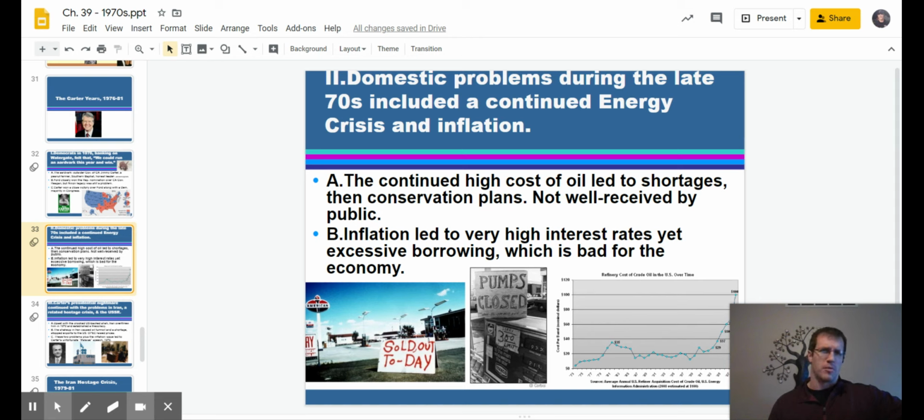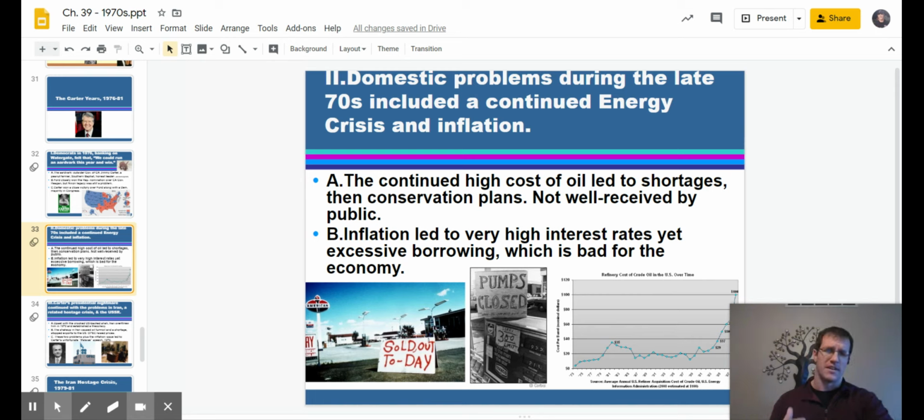Now, contributing to that, you have inflation, and that word inflation, we talked about at a couple of different points, and it continues to rear its ugly head here. There are very high interest rates. There's also excessive borrowing. To sum up, the economy is really a mess. And Carter doesn't really have much in the way of a coherent policy to deal with these issues.